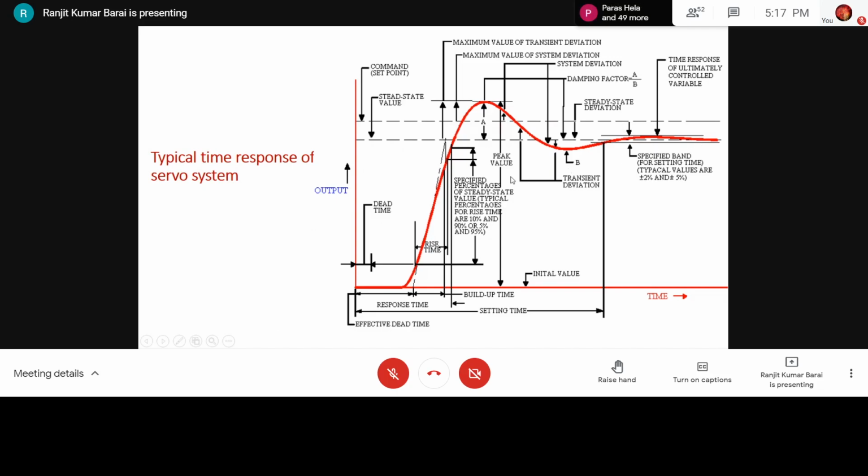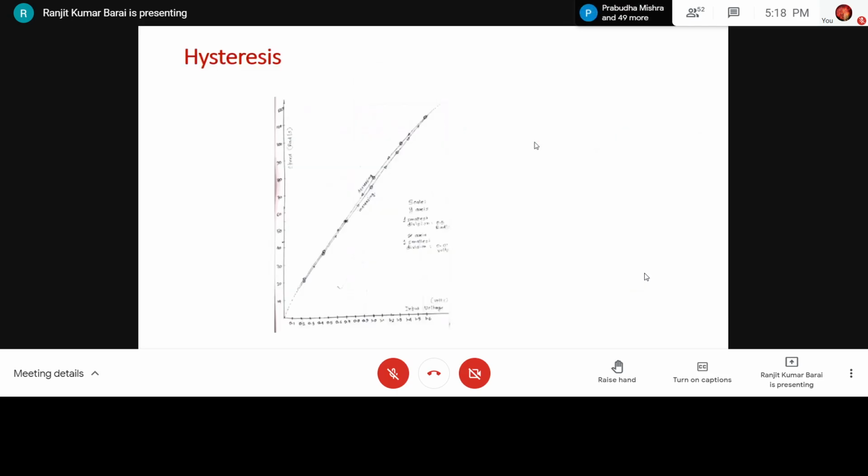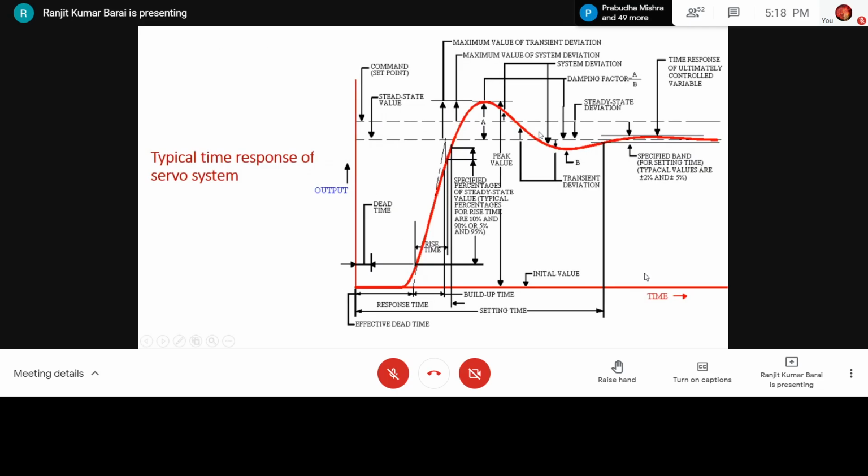In most cases, but in critical applications like industrial robots, we cannot allow this oscillation. The servo systems of industrial robots are designed for critically damped response, because in a robot we cannot allow any vibration or oscillation.